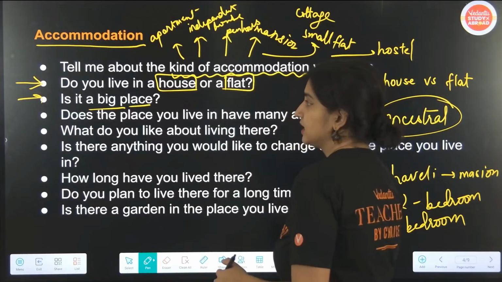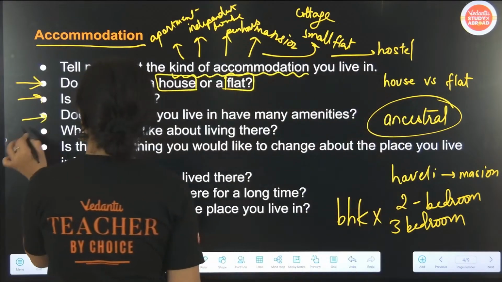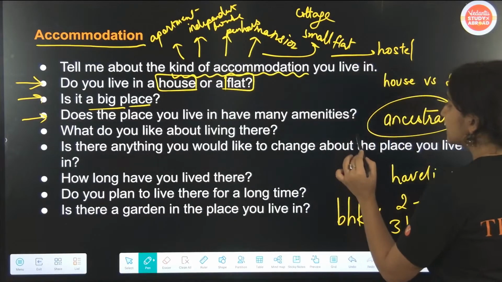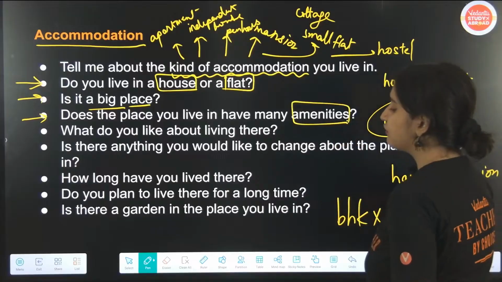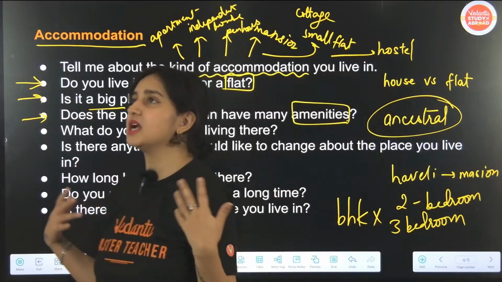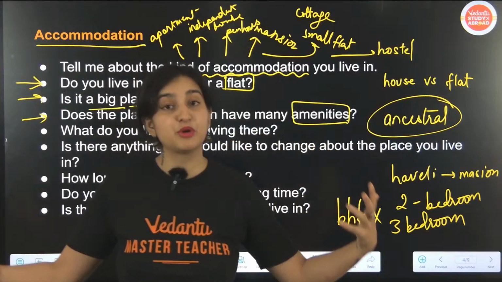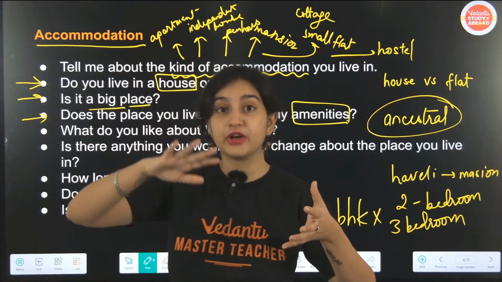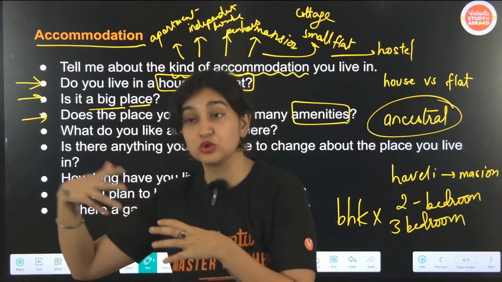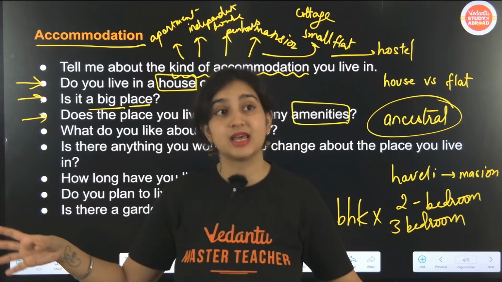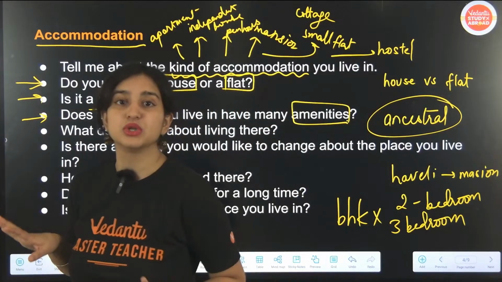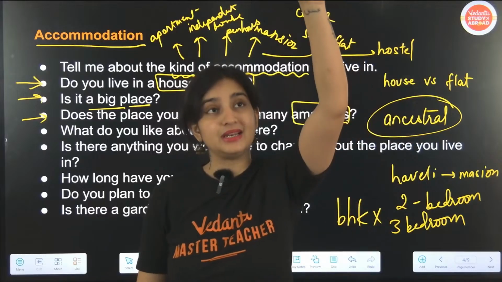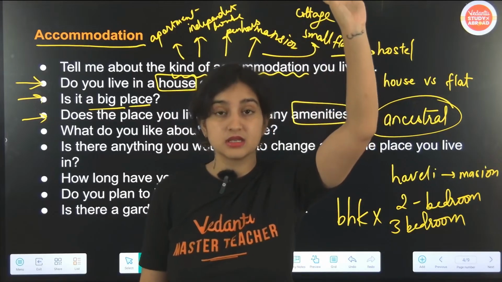All right. Next question. Does the place you live in have many amenities? What is amenities? Now, for example, you'll see a lot of up and coming housing projects. I live in NCR. A lot of these housing complexes in Gurgaon or Noida tend to have everything inside the complex. You enter the gate, there are many different 20, 30 floor buildings, right?